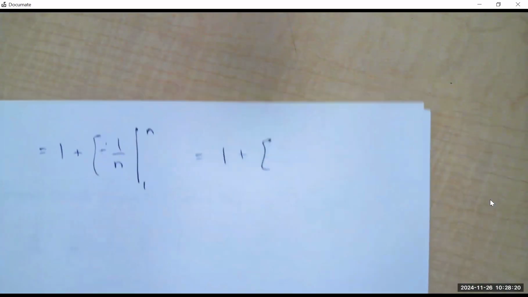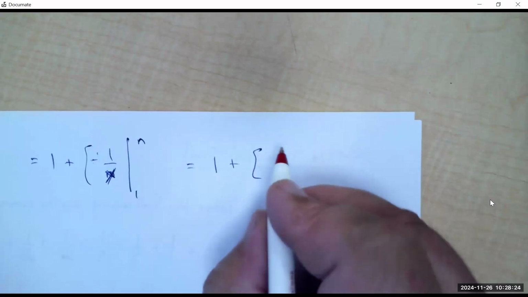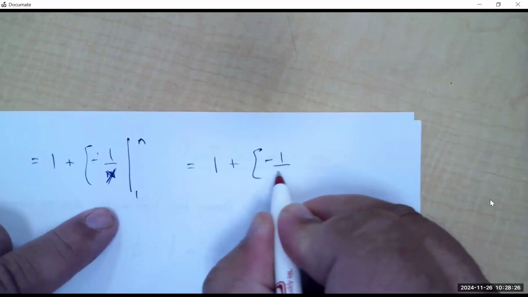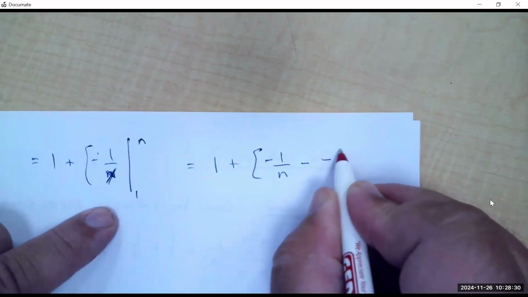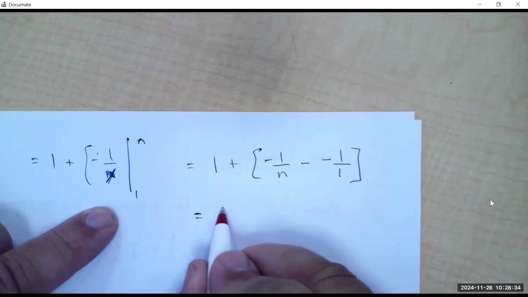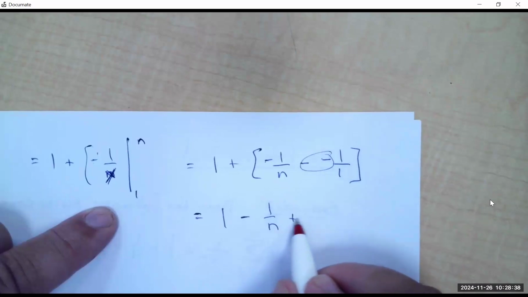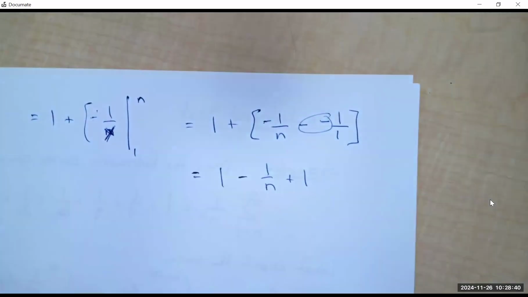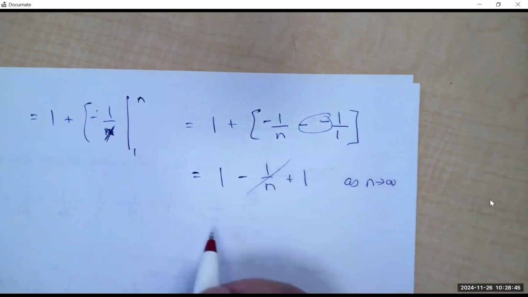Good. So this is x. So I got -1 over n minus -1 over 1, which is 1 minus 1 over n plus 1. As n goes to infinity, take the limit of it, we get 1 plus 1 equals 2.